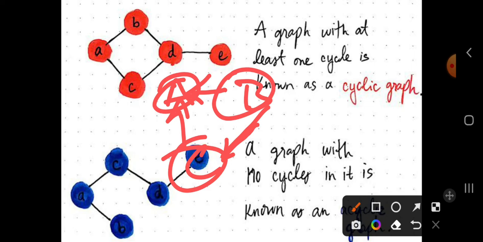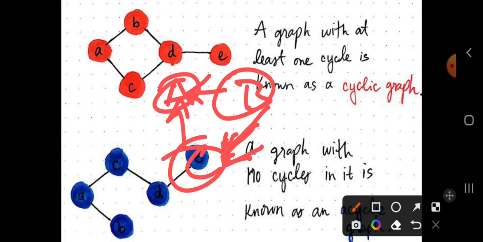B. B can go to A, B can go to C, but we can't reach from C to A, or C to A to B also. Why? Because we are drawing a directed graph over here. We are not having any path to go from C to B. We are having a path from what? B to C only. Okay, that is the major problem that you people can see.